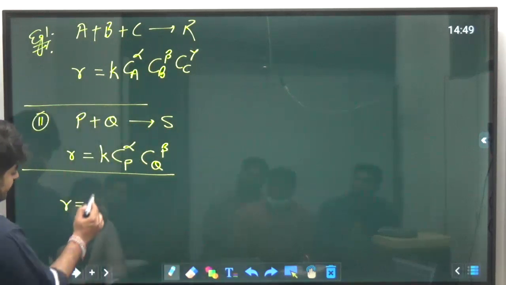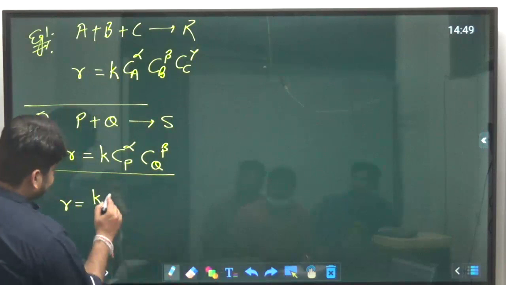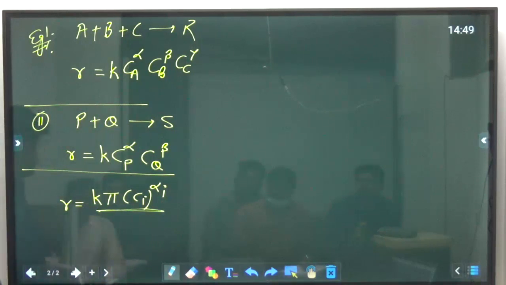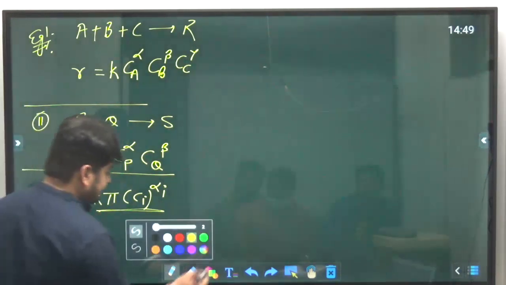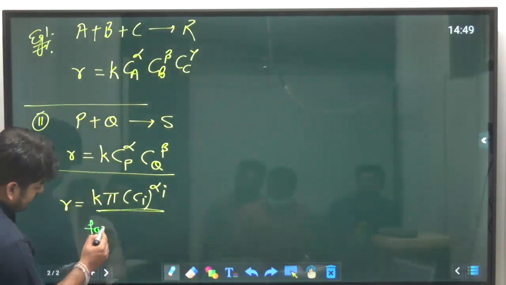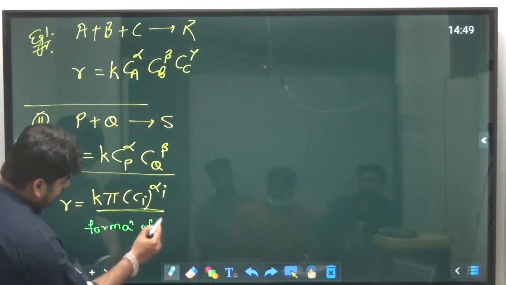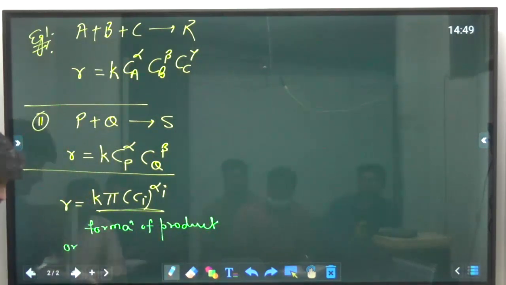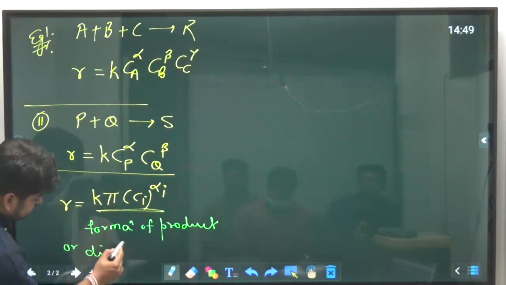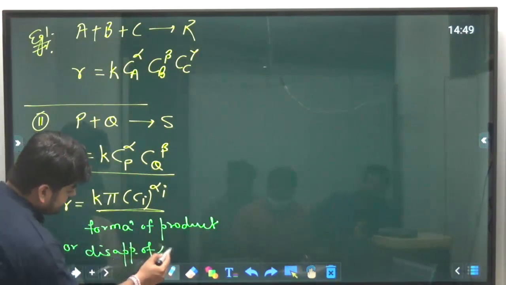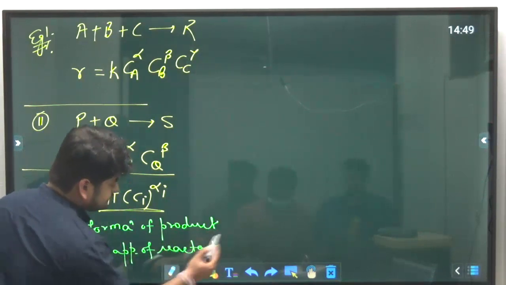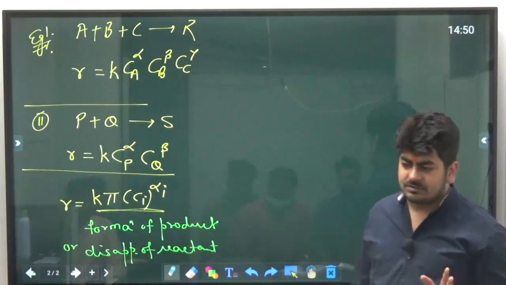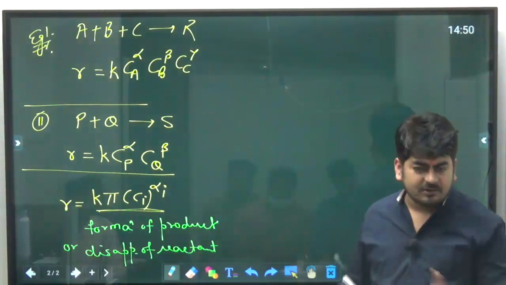So according to power law, this part on the right hand side represents the formation of product, or you can say disappearance of reactant. Formation of product and disappearance of reactant. This is the meaning of this term on the right hand side.